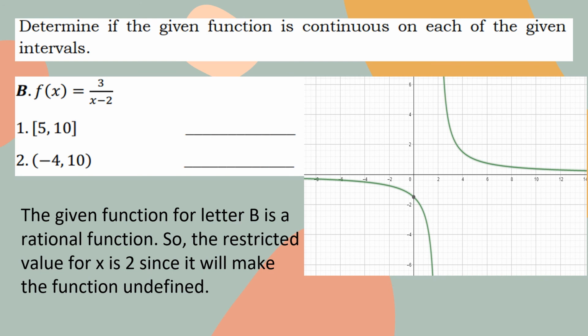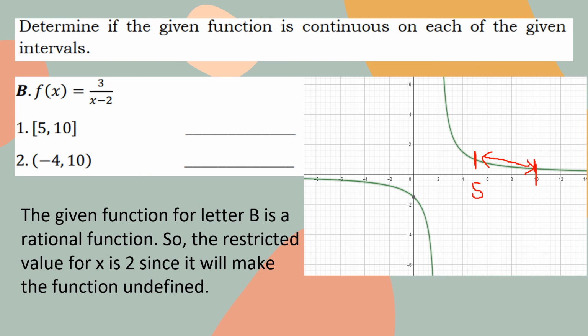From 5, this area here, going toward 10, we trace it, smooth and continuous. Okay? How about number 2?